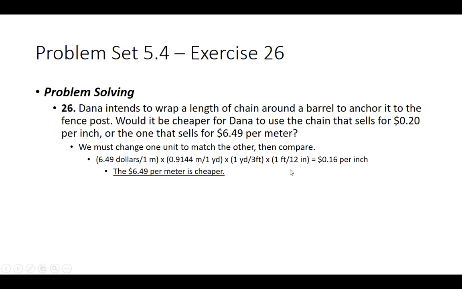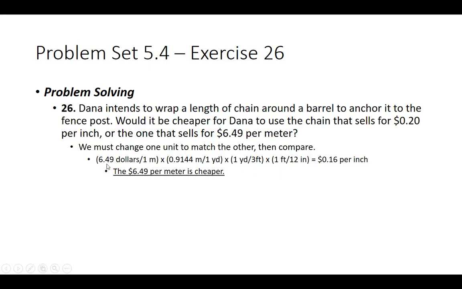Then we can go from feet to inches. Feet on top to cancel out the feet on the bottom. Inches on the bottom to make us have what we need, which is inches on the bottom. That's 1 foot over 12 inches.